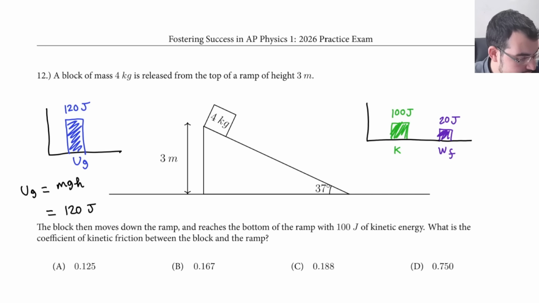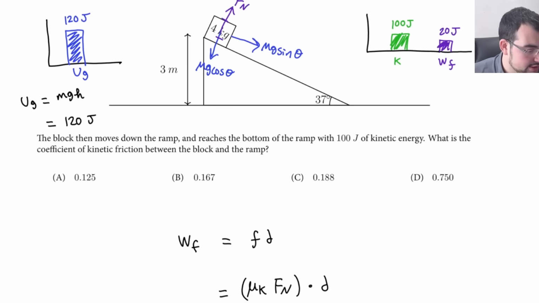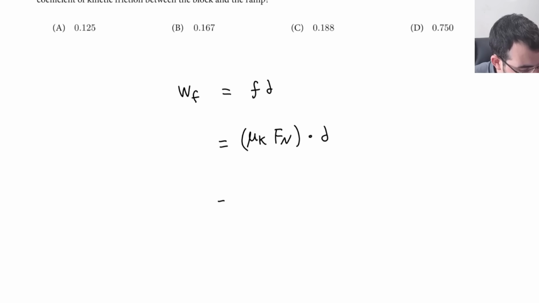Well, this is our usual sort of inclined plane system. So we know there's an mg sine theta force pulling us down the ramp. There's an mg cosine theta force pulling us into the ramp. So therefore, the normal force must exactly balance the cosine component. So this is mu k times mg cosine theta times d.